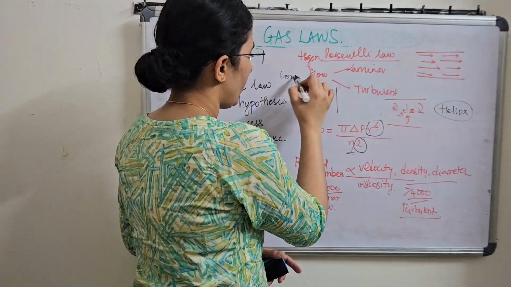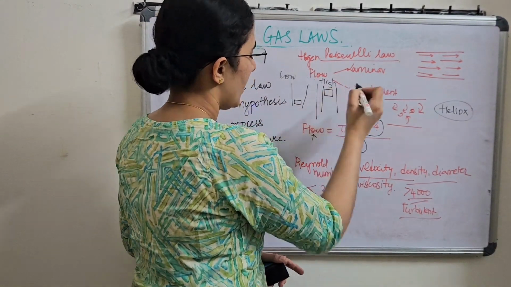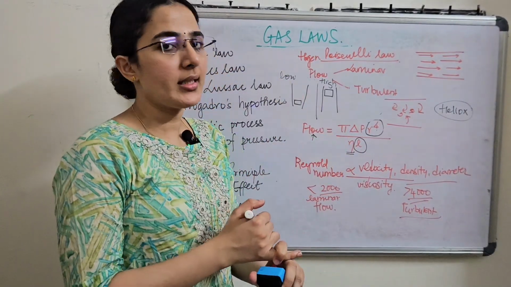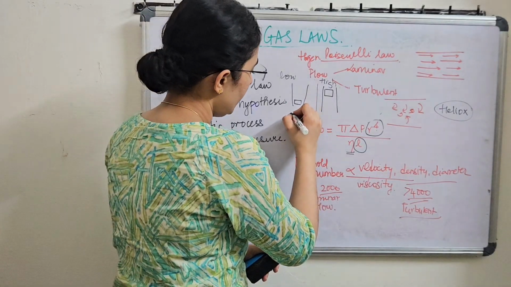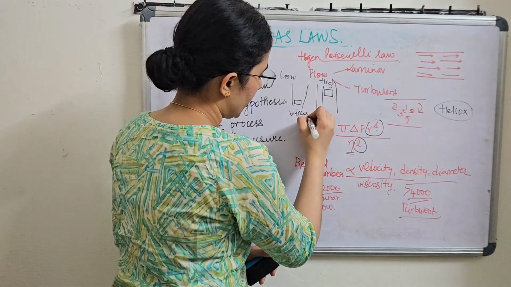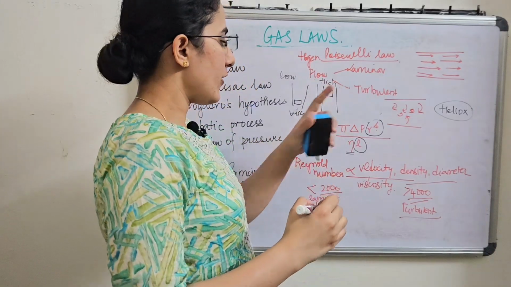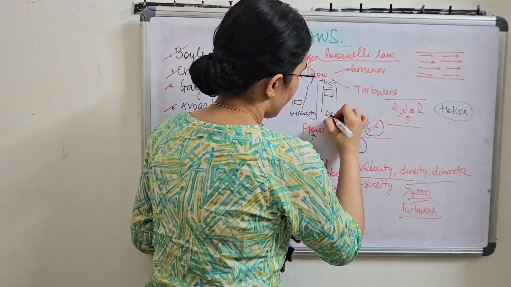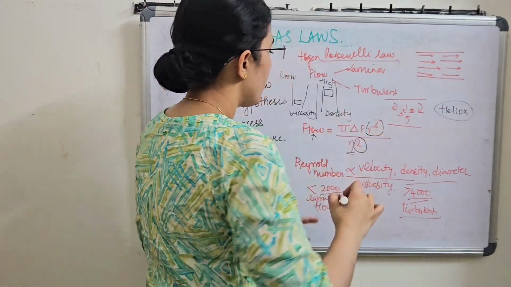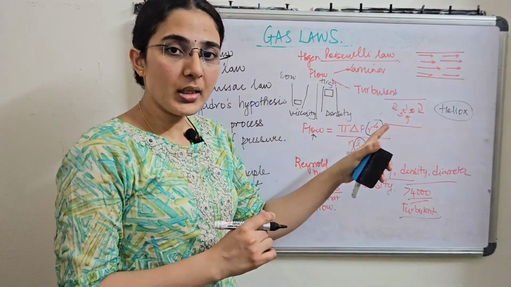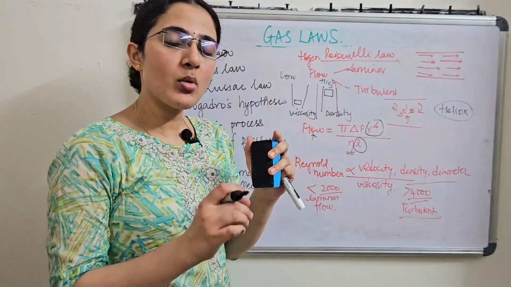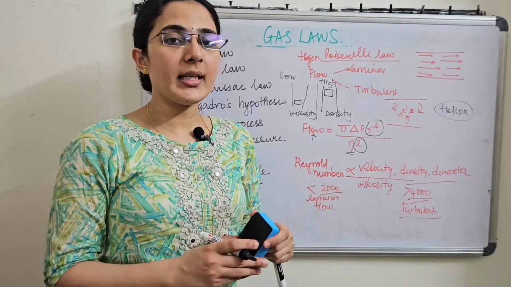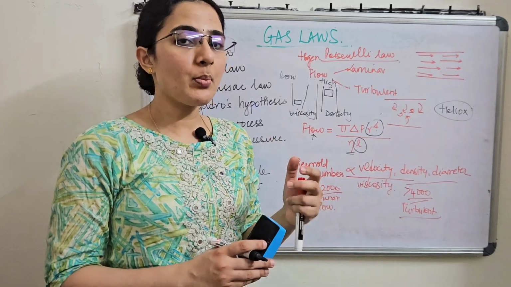In low flows, they follow Hagen-Poiseuille's law, where the flow is dependent upon the viscosity of the substance, whereas at high flows, they follow Graham's law and are dependent on the density of the substance, because at high flow it is turbulent, and at low flow it is more laminar. So these are the practical applications of the Hagen-Poiseuille's law.